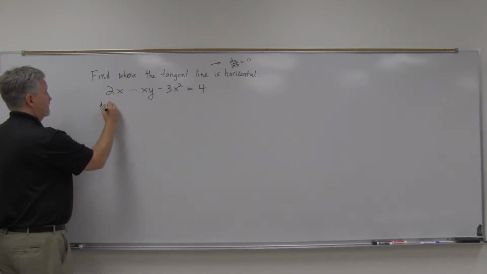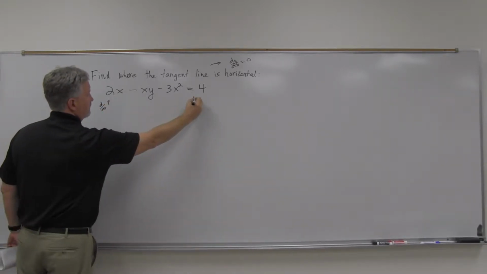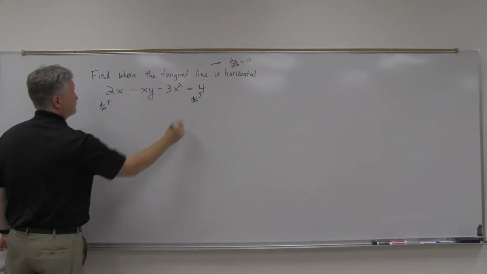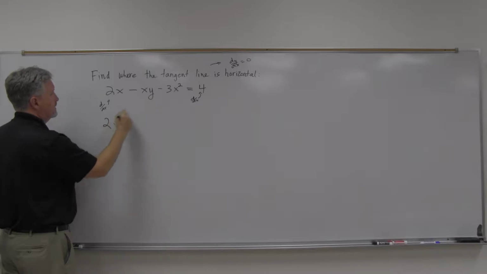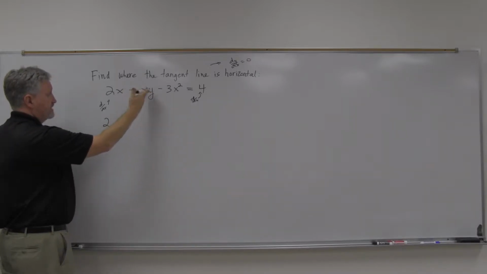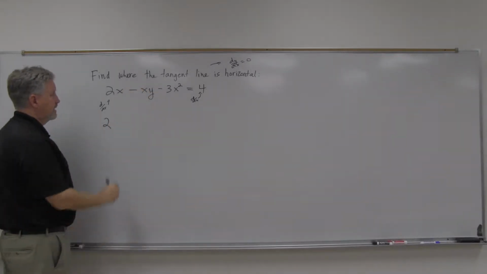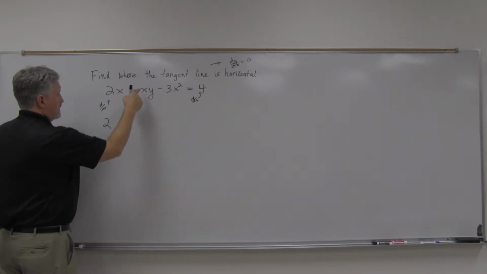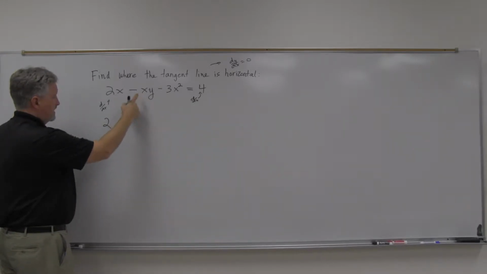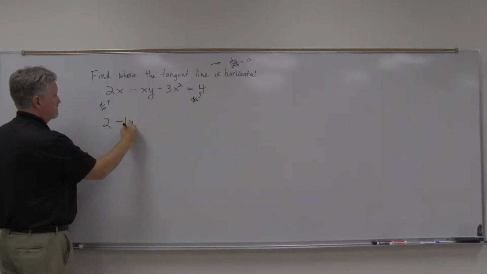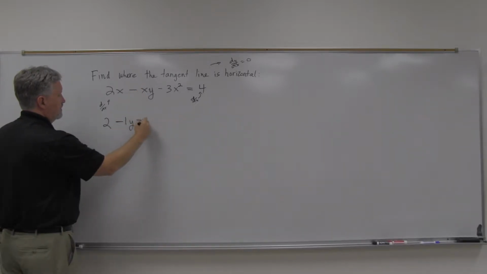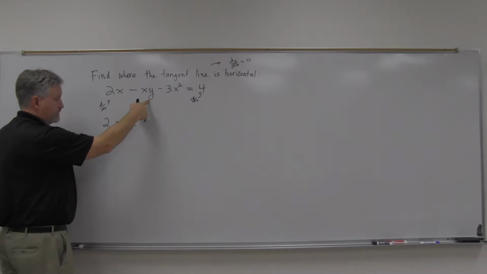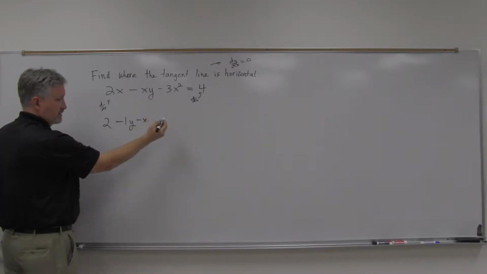All right, so let's use implicit differentiation. So we take d/dx of both sides. Of course, the first one is easy. It's just 2. The second one, we've got the minus x times the y, so we have to do the product rule. The derivative of the minus x is minus 1 times your y, and then take your minus x times the derivative of the y, which is 1, but it's a y.